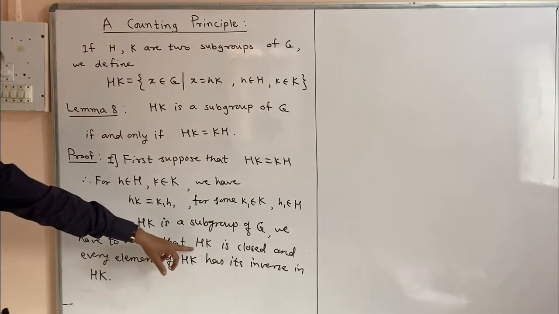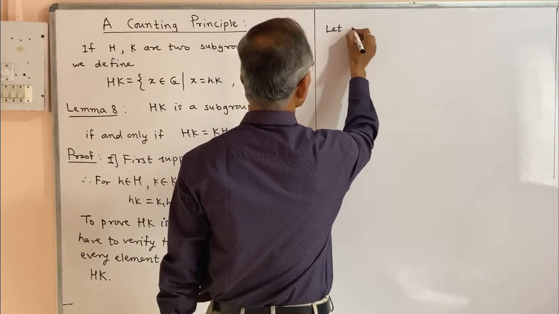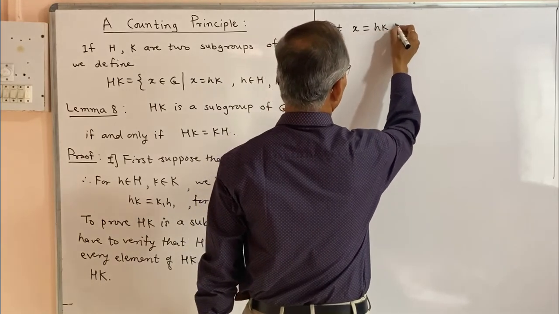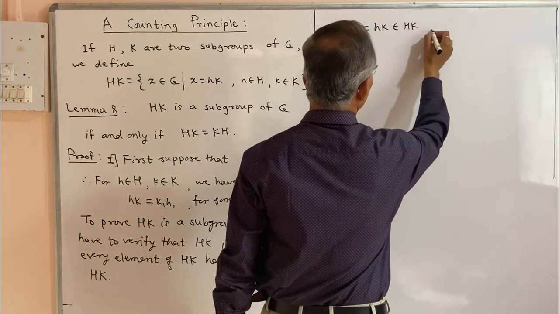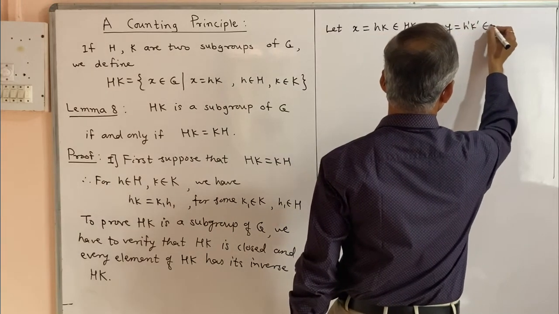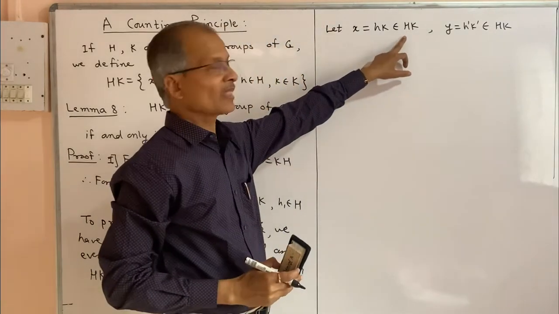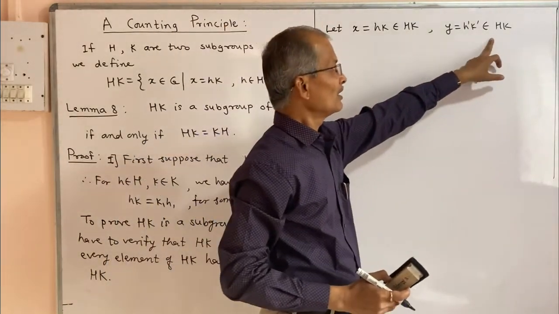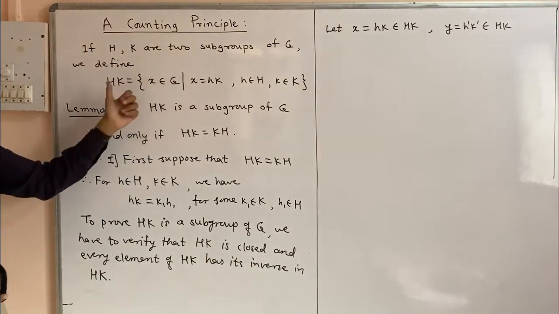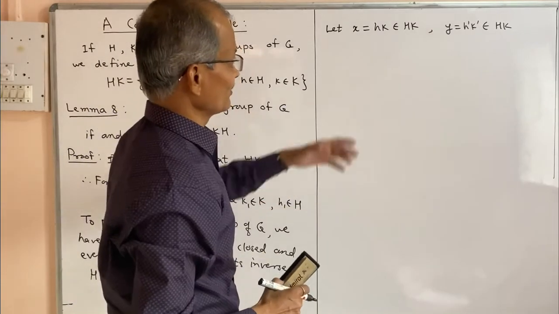First we shall consider HK is closed, and for that purpose let x be in the form hk, belongs to HK, and y we write h'k', this belongs to HK. Elements in this set are written in product form. So by definition, every element of HK is in the form hk, and thus we have taken two elements.